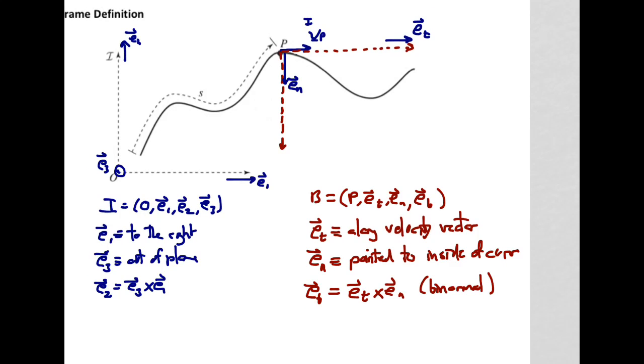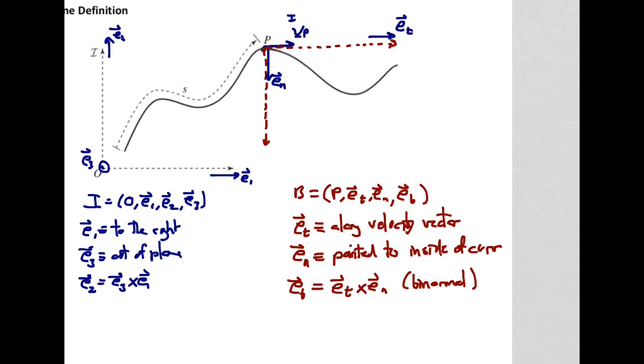So let's take a look at this reference frame that we've just defined with these three vectors, in which we have E sub t along the tangent. Hopefully that's very clear. E sub n is always pointed to the inside of the curve, and then this binormal vector, take a look at this: if we have an E sub t, which is always pointed in that direction, and E sub n is pointed toward the inside of the curve, then that means that our binormal vector is going to be perpendicular to that, but it's not always going to be pointed out of the plane or into the plane.